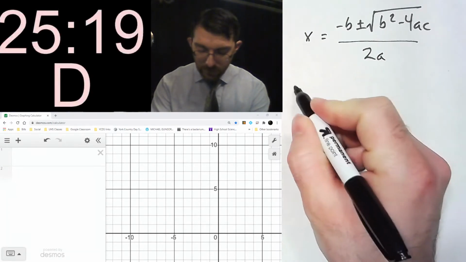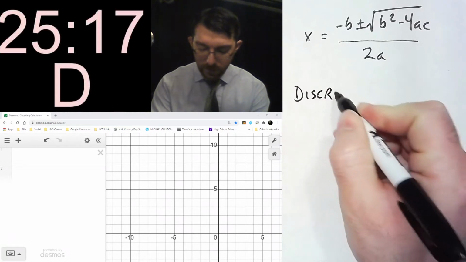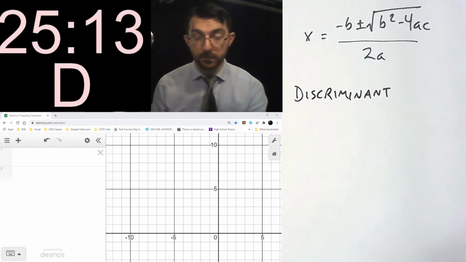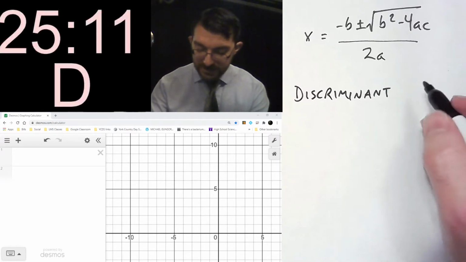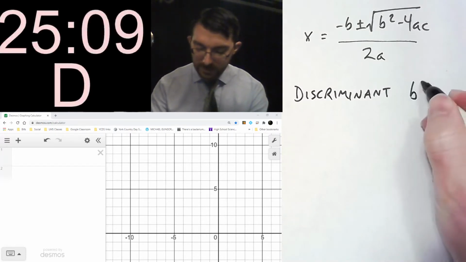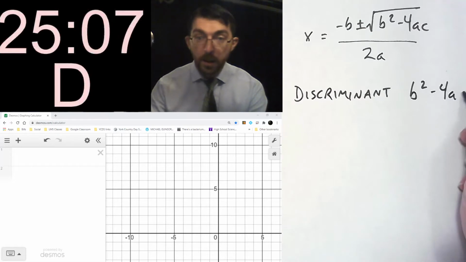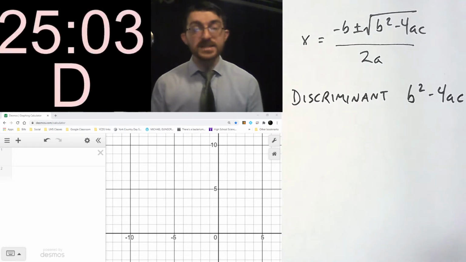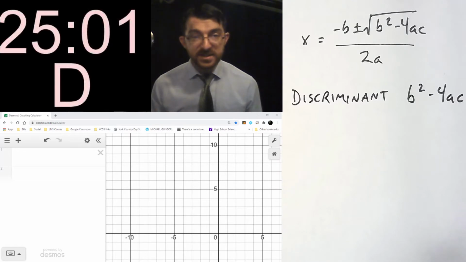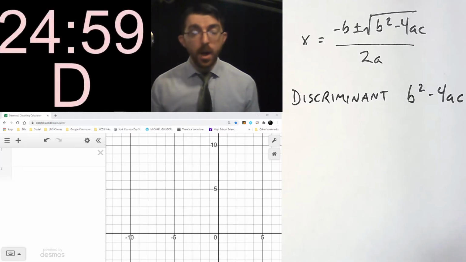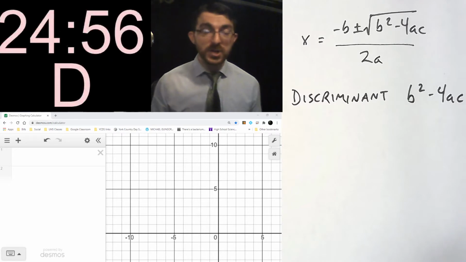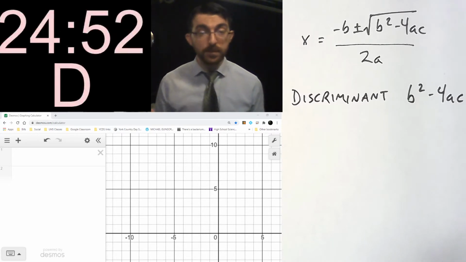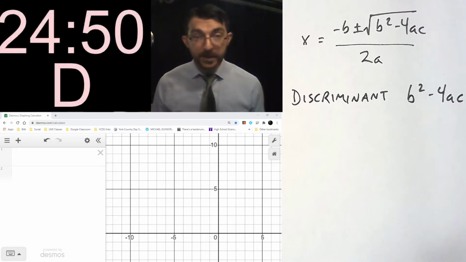It's called the discriminant. The discriminant is this quantity b squared minus 4ac. And the reason why it's so important is because this is what determines whether the quadratic formula is going to be a pain or whether this is going to be an easy problem. Let me show you what I mean.